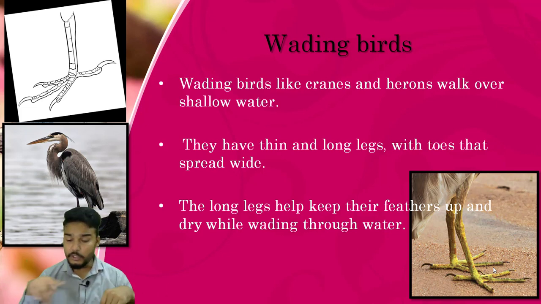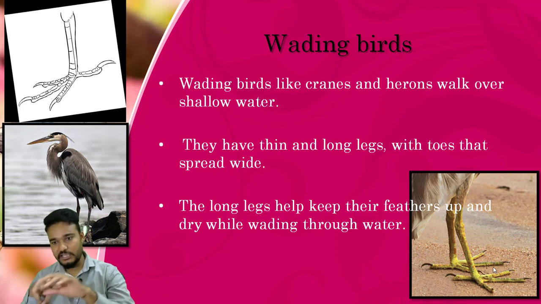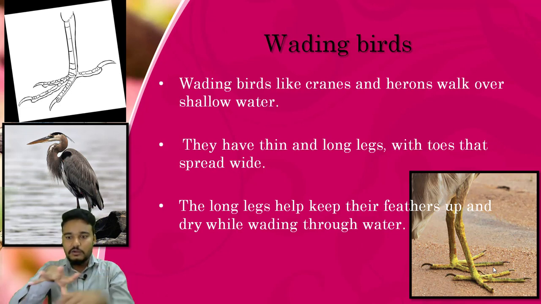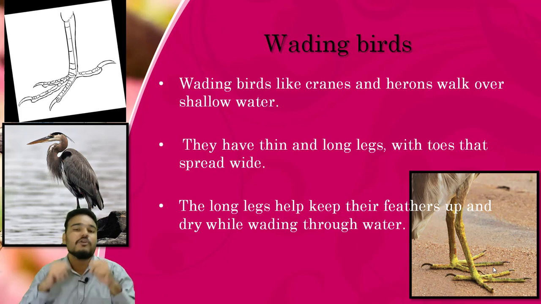Okay, and when other insects or worms or some small fishes come around their legs, they directly hold it and eat it. So they have thin and long legs. Thin मतलब पतला पतला और लंबा खंबे जैसा. Okay, with toes that spread wide. इसमें भी 3 आगे 1 पीछे, but these are so wide, मतलब एक पूरा बंच की तरह से spread widely, so they can stand firmly for a long time.